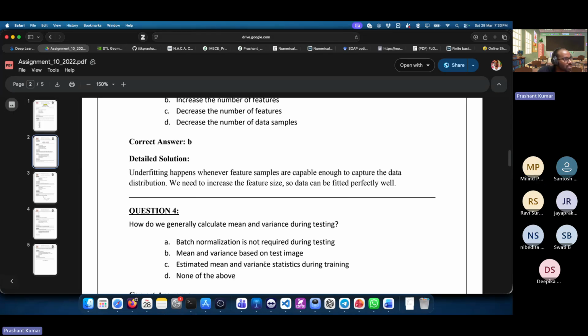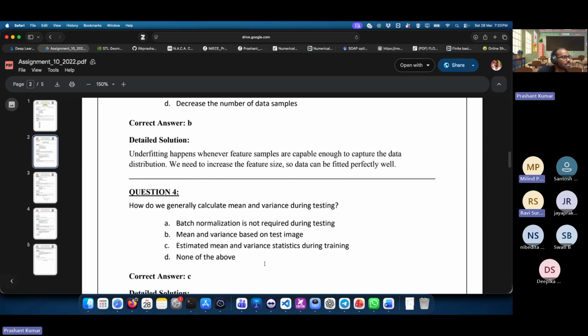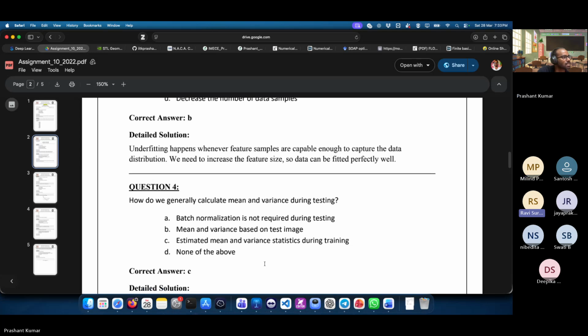Like we used it, right? The gamma and beta that we calculate, we use that. Let's say we are using layer normalization, then you will simply use this gamma and beta, right?